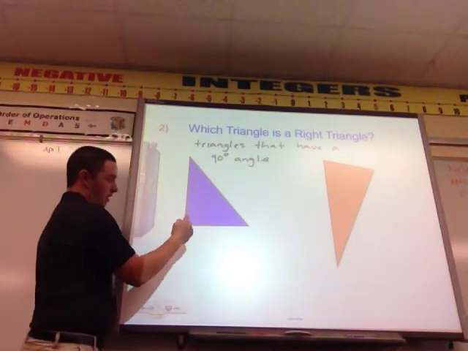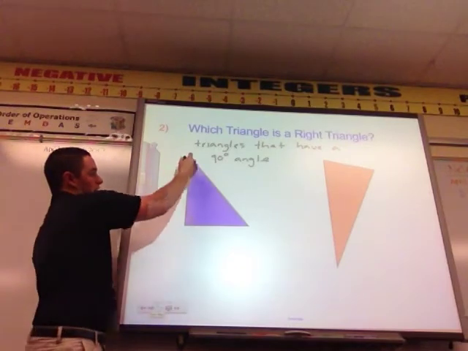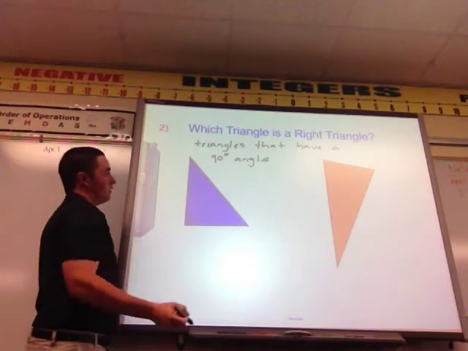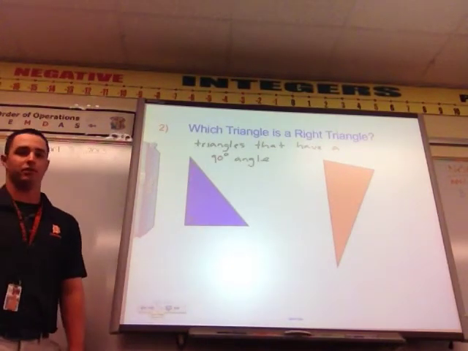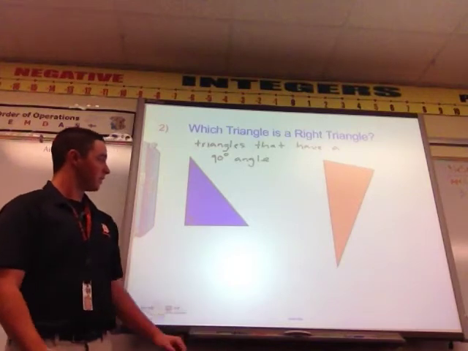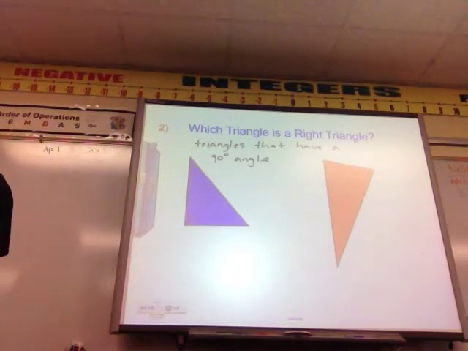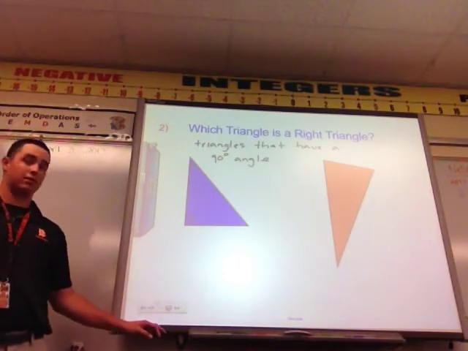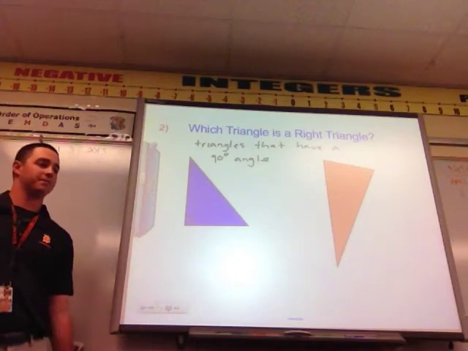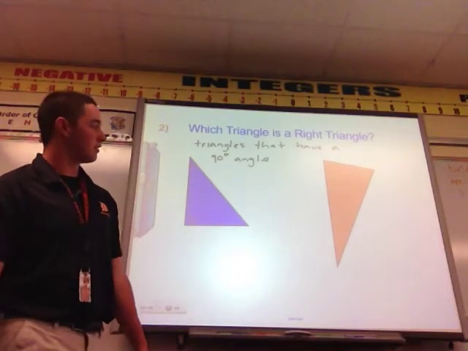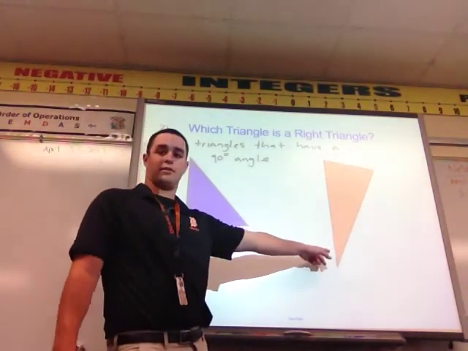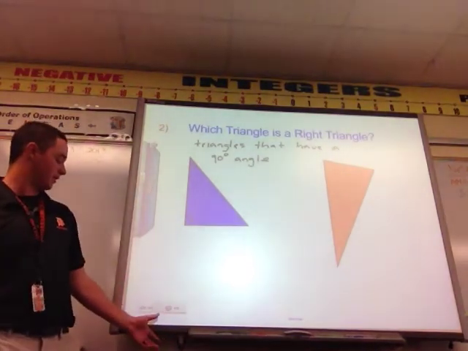You show that with a little box in the corner. The acute angles you show with the little semicircles. Getting it all written down? And again, what triangle is this one? Acute. Yep, good job, guys.